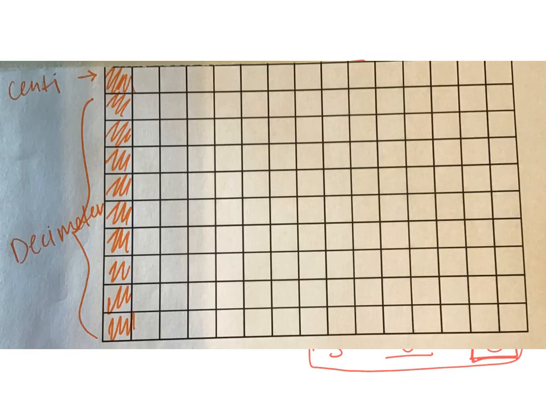Okay, I'm going to share another chart right here that shows what this looks like. So if you look in this little box here, this is a centimeter. Okay, you can see that it's like a square. So centa actually means like 100. Now, deci means 10, or if you think of deci like a dime, that would be 10 cents.